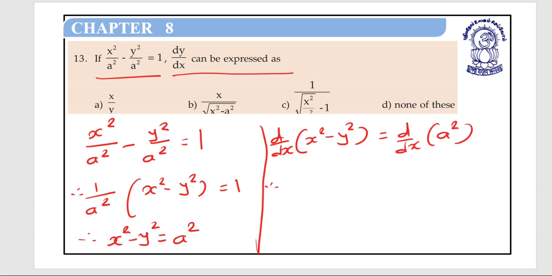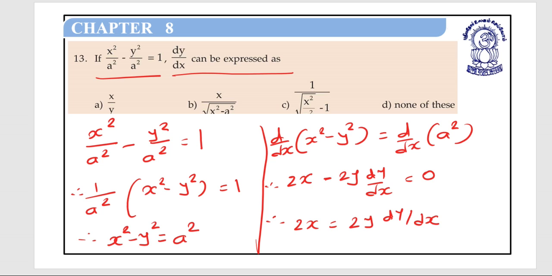So x square gives 2x, minus y square gives 2y dy by dx, and the constant term gives 0. So 2x is equal to 2y dy by dx, 2 cancel.